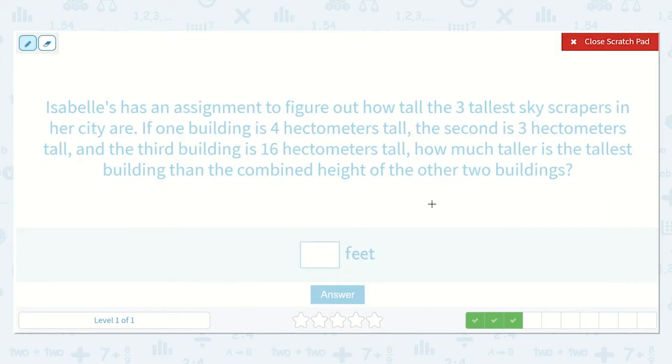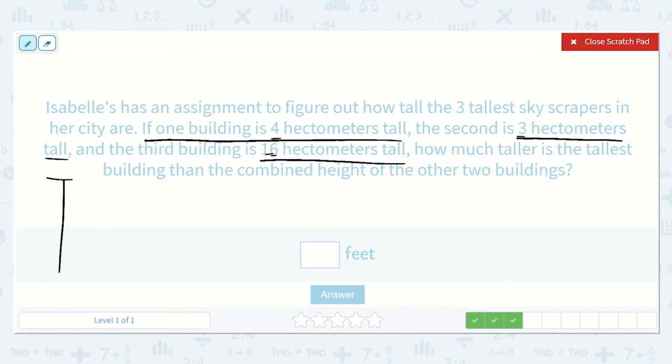So let's see. Isabel has an assignment to figure out how tall the 3 tallest skyscrapers in her city are. If one building is 4 hectometers tall, the second is 3 hectometers tall, and the third building is 16 hectometers tall, how much taller is the tallest building than the combined height of the other 2 buildings? So which of these is the tallest, 4, 3, or 16? Yeah, 16 is definitely the tallest.